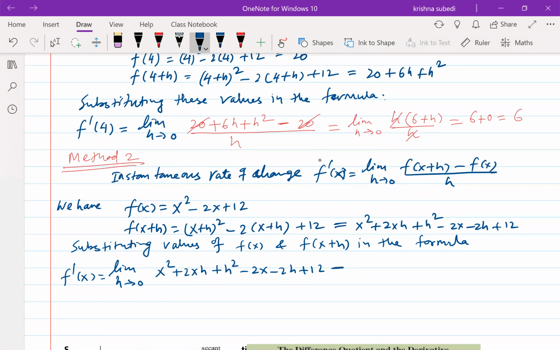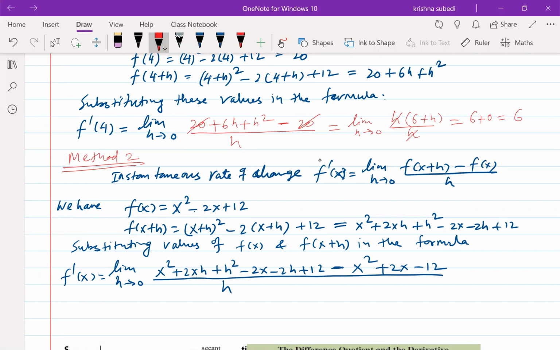Minus f of x is minus x squared, and then minus and minus will be plus 2x minus 12, over, because of the minus sign, we have to change all the signs here. And the bottom part is h.